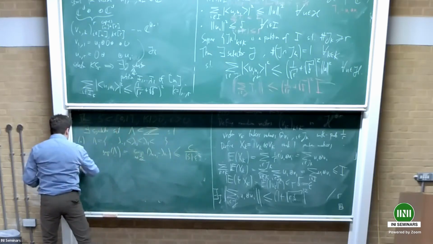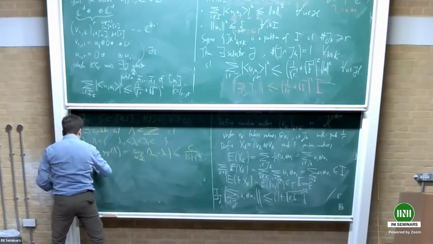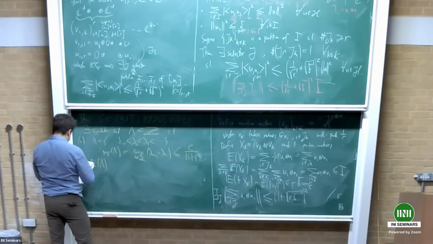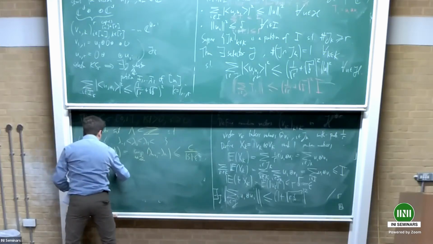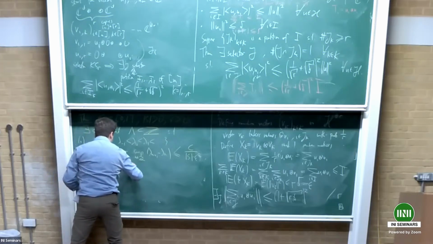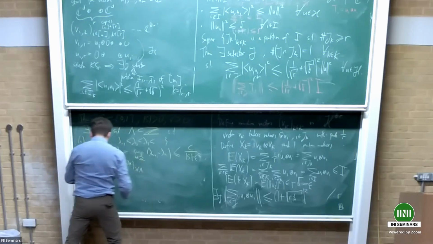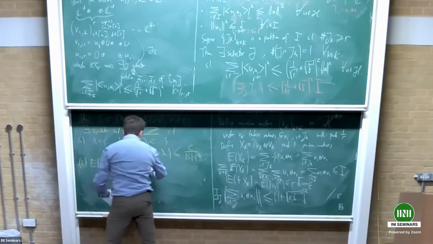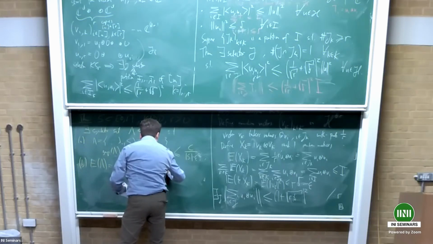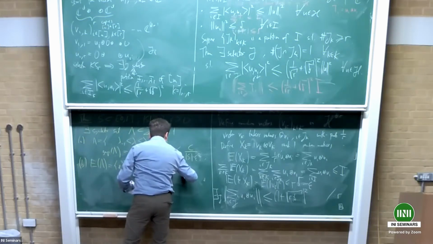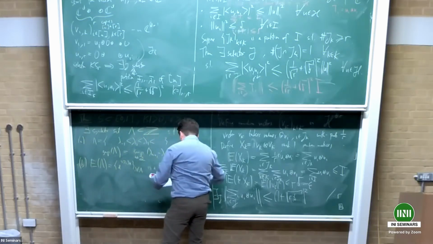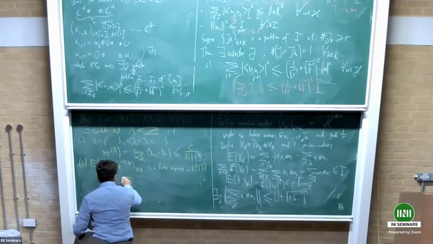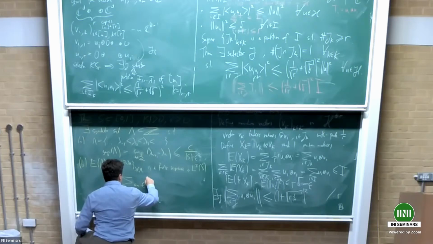But more importantly, the set of exponentials E_Lambda, e to the power 2 pi i lambda x, where lambda runs over Lambda, will be a Riesz sequence in the space L2 of S, with bounds. Let me write what it means. Riesz sequence is the dual notion to the frame.